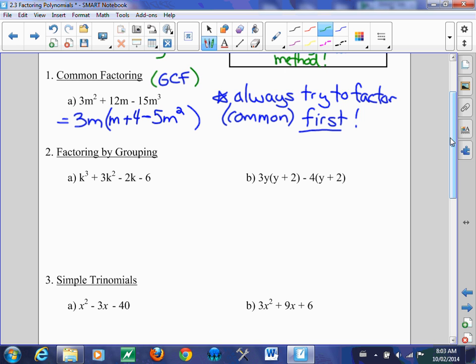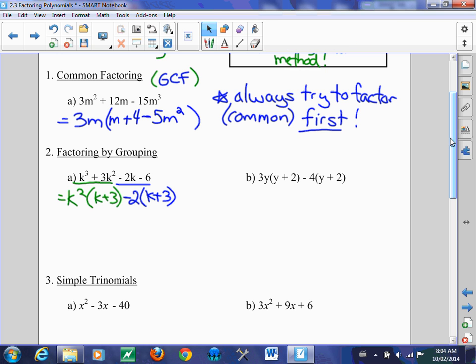So to follow through this, I look at my first 2 terms and I say, hey, what's the biggest thing I can factor out of my first 2 terms? And looking at that, ladies and gentlemen, it's a k squared. So if I divide both terms by k squared, I'm going to end up with k plus 3. Looking at my last 2 terms, what's common there? A negative and a 2.